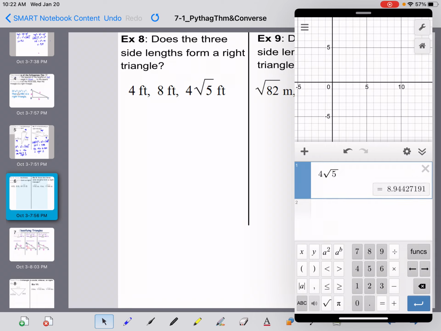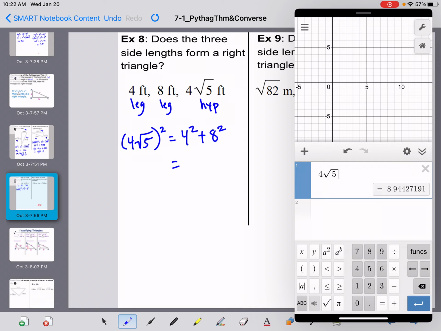That's 8.94. So that means that it's the biggest number. So this is hypotenuse, this is leg, and this is leg. So now I can use my formula. If this is a right triangle, that would be the hypotenuse, I should say.